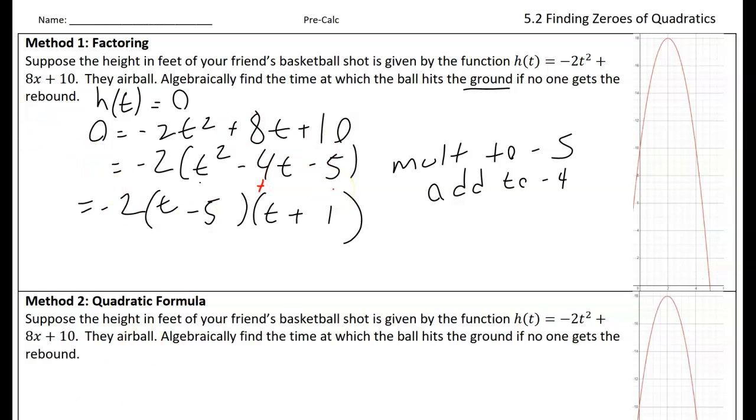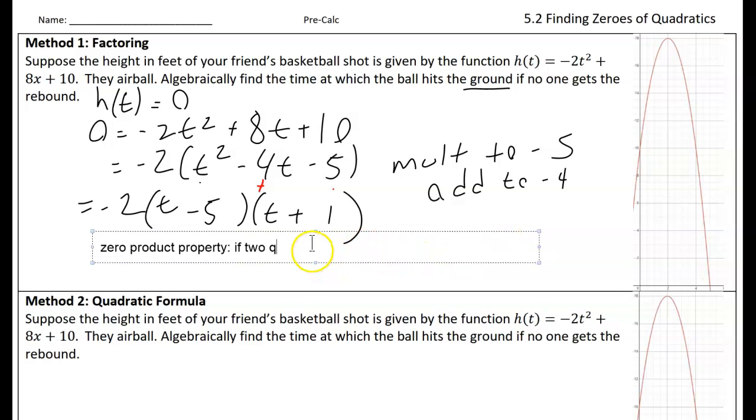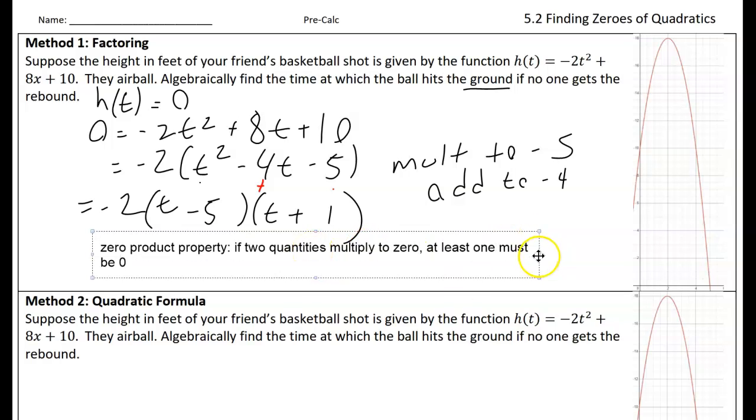Okay, so now that we have rewritten this equation by factoring, we're going to use what's called the zero products property, which says that if two quantities multiply to 0, at least one quantity must be 0.